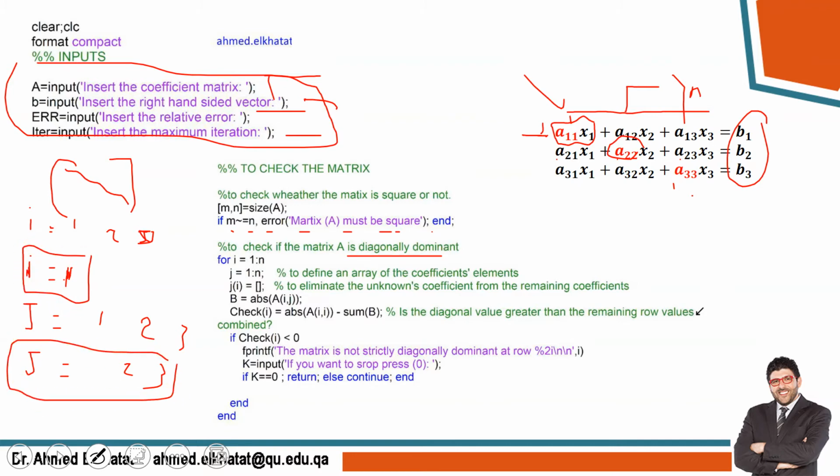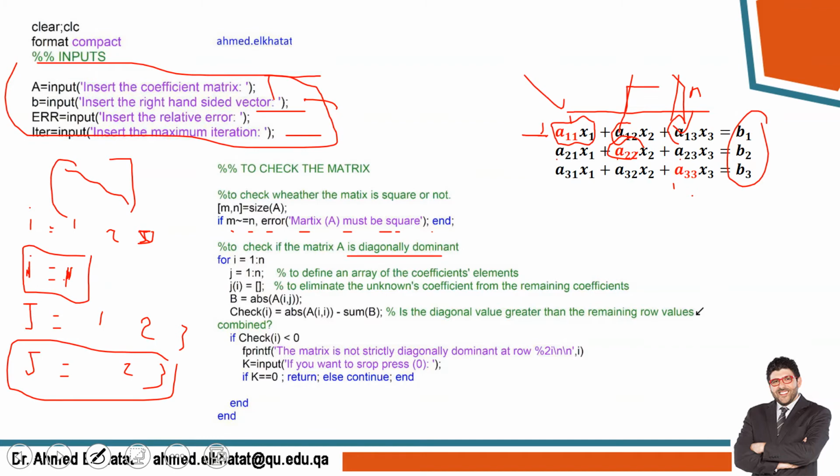Now we created b, and b is the absolute value of a(i,j). So what's a(i,j)? i here is the first row and j is the second and third column. So we extracted both vectors, this one and this one.